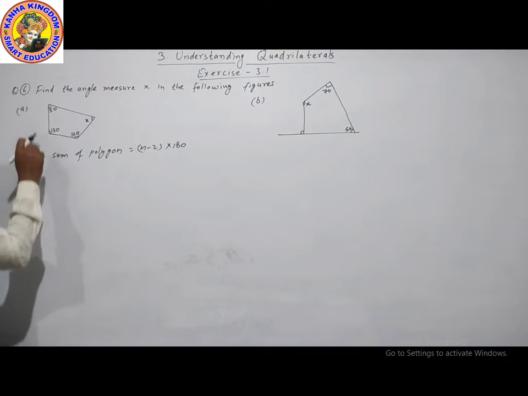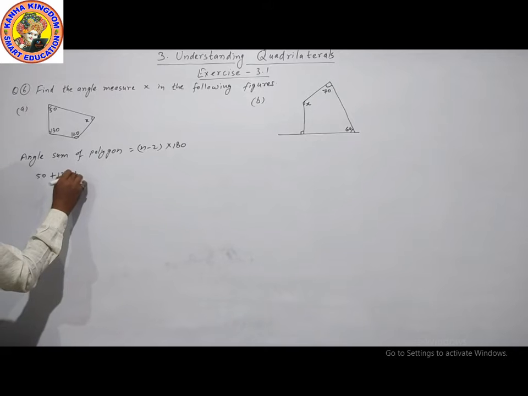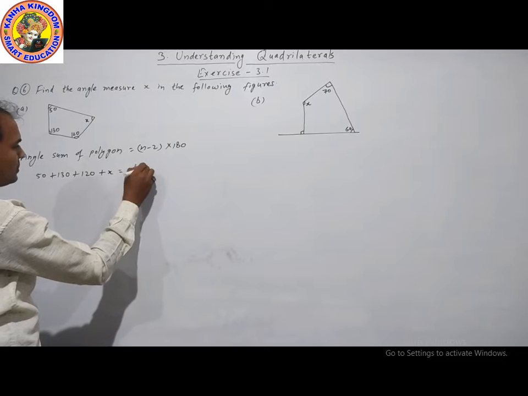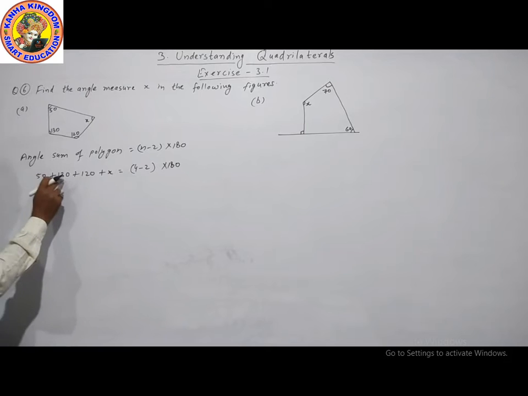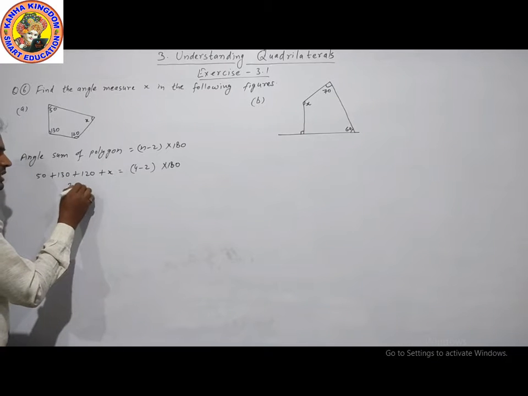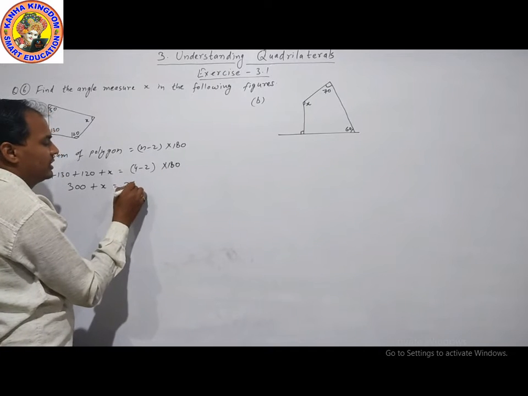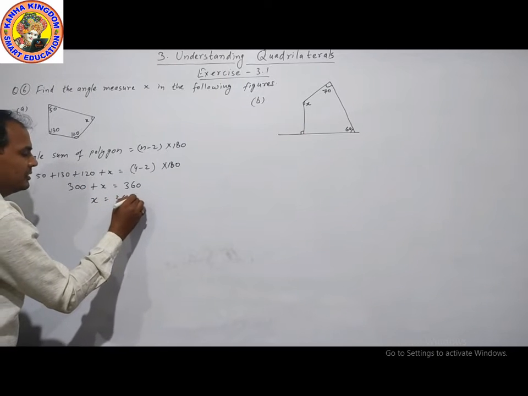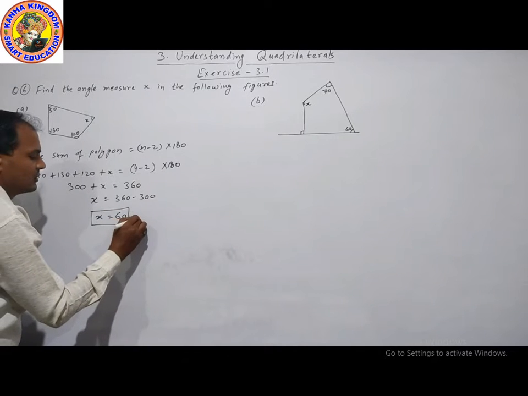Now the sum of the angles is 50, 130, 120, and x. n, the number of sides, is 4, then 4 minus 2 into 180. 50 plus 130 is 180, 180 plus 120 is 300. 300 plus x is 4 minus 2, 2 into 180, 360. Now transposing 300, 360 minus 300, x is equal to 60. This is our answer.